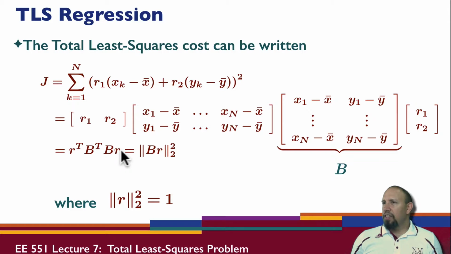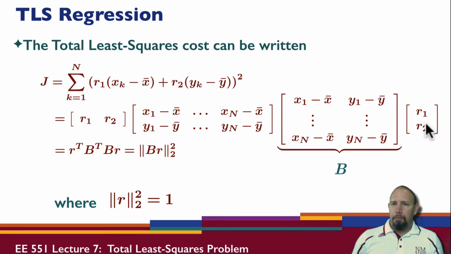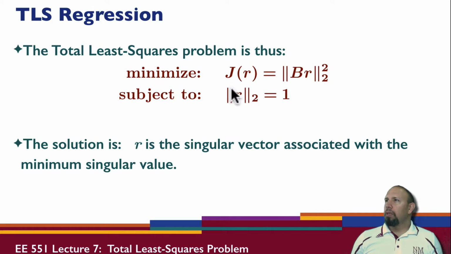So we actually have this expression, which is basically the 2 norm of Br, where B is this quantity, squared. And it's subject to the condition that the sum of the squares of the 2 elements is equal to 1. And so we have this problem. The total least squares problem boils down to this. So we're trying to minimize this cost function subject to the norm of r equal to 1.